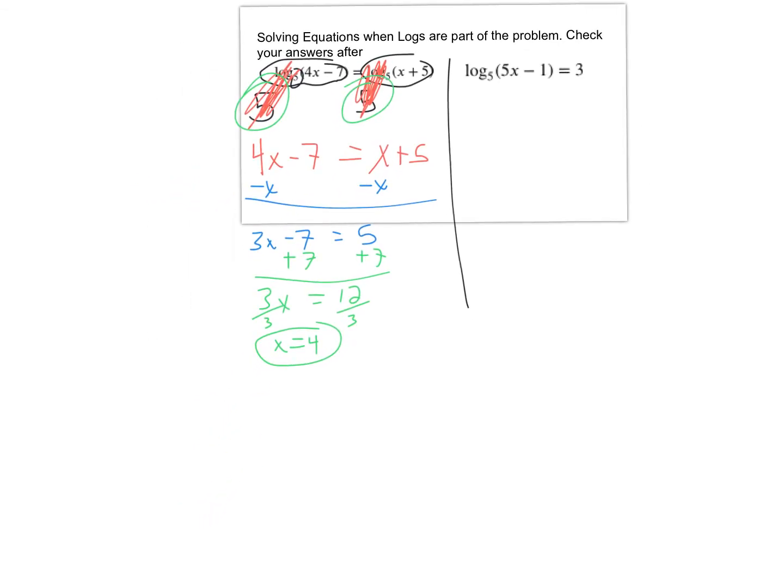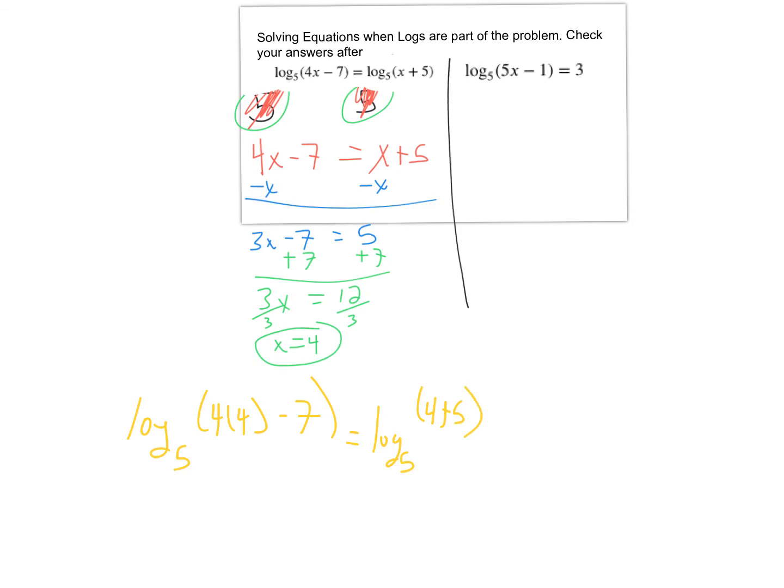Okay? So let's go back. What we're going to do is put the 4 back into the original problem, which was this piece up here. Okay? So we're going to do log base 5 of 4 times 4 minus 7 is equal to log base 5 of 4 plus 5.